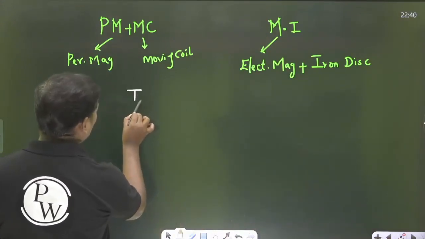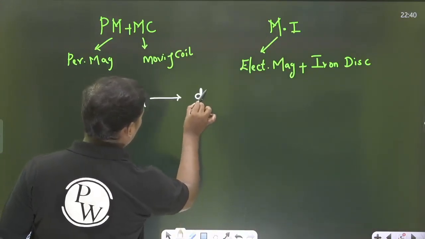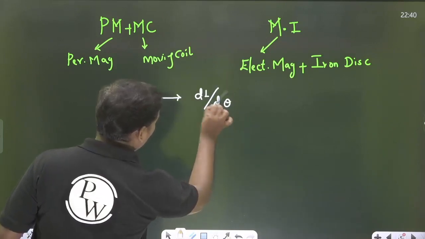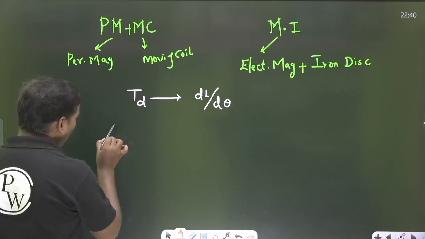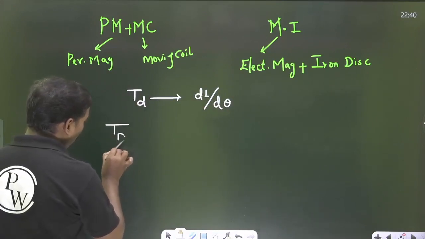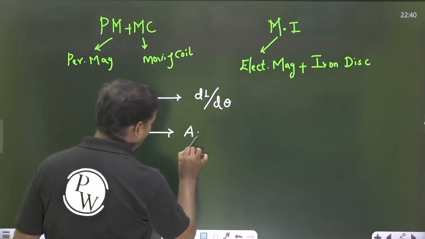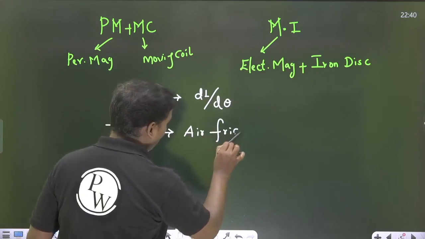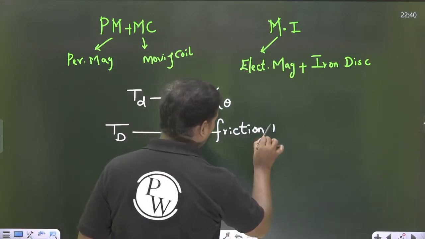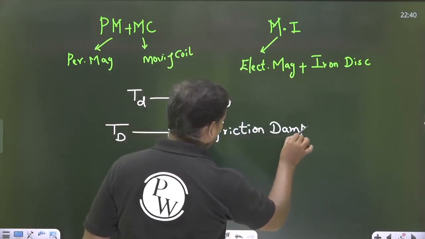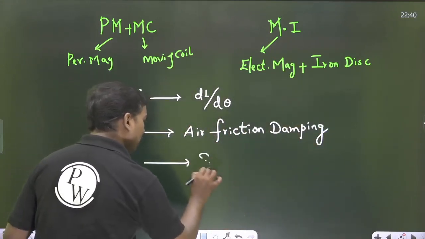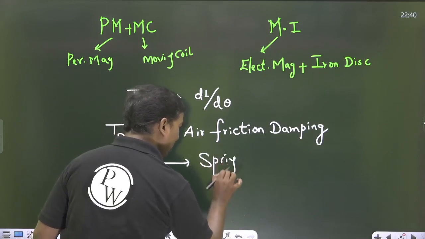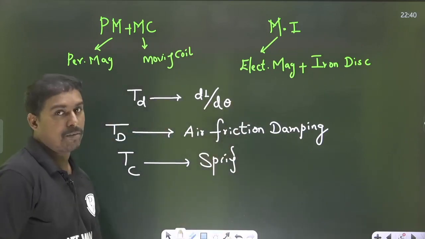The deflection torque is basically happening due to dL by d theta, the change in self-inductance with respect to theta, and the damping torque is given by air friction damping that we are using. Next, the controlling torque is given by the spring. So these are the fundamentals.